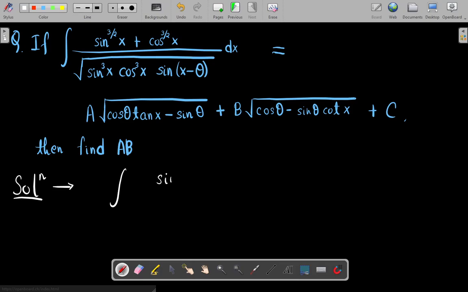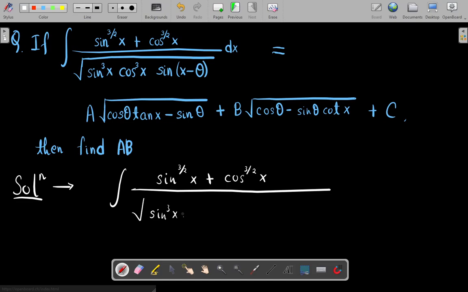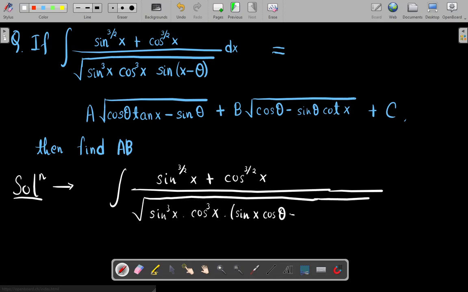The numerator is sin^(3/2) x plus cos^(3/2) x, and this is divided by the square root of sin^3 x times cos^3 x times, if we expand this sin(x − θ) using the sin(a − b) formula, we get sin a cos b minus cos a sin b, which is sin x cos θ minus cos x sin θ.